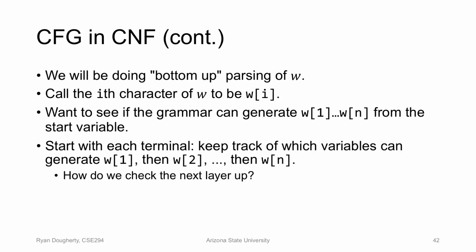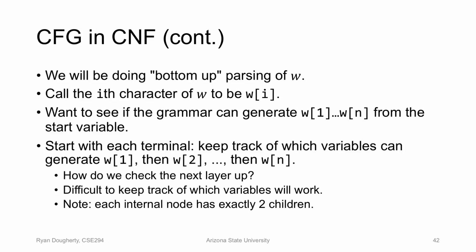Any questions on what we've gotten to so far? Okay. Because it might be difficult to keep track of what variables would work, because there could be many possibilities for this. So what we're going to do is note that every single internal node has exactly 2 children. Why did we want to do it in Chomsky normal form?